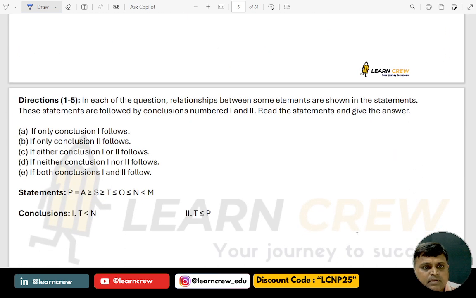Next one, between T and N, you have only one relation, T less than or equal to N. So this is correct, this is wrong. Between T and P, you can say P is greater than or equal to T from this. So T is less than or equal to P is correct. So the answer is only 2, which means option B.